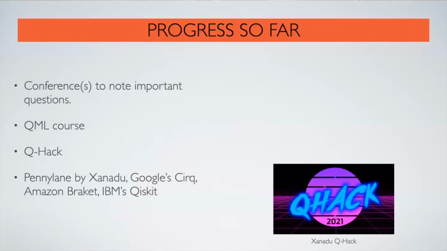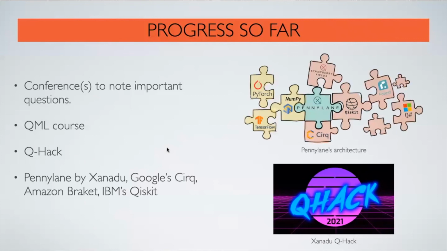So all this familiarized me with the current industry status and also various quantum computing libraries, like Google Cirq, Xanadu's PennyLane, Amazon Braket, and IBM's Qiskit. So after all this research, I settled on PennyLane as the framework that I'll be using for my quantum circuits. This was followed by literature review.